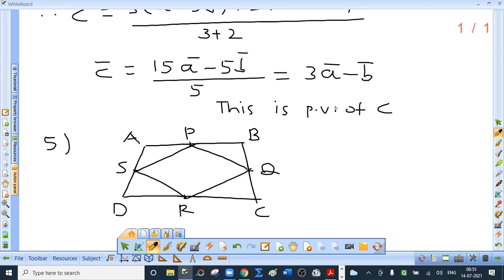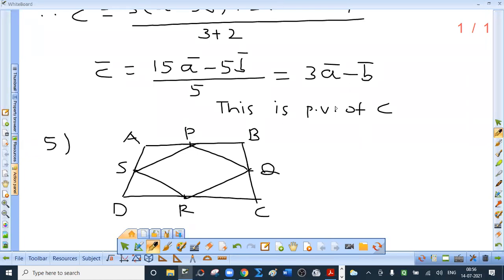Let a bar, b bar, c bar, d bar, p bar, q bar, r bar, s bar be the position vectors of the points A, B, C, D, now capital letters, P, Q, R and S respectively.